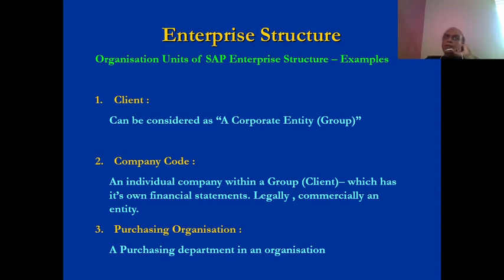The relevance of the purchasing organization in your day-to-day transactions in SAP is that whenever you are buying anything, say when you're creating a purchase order, the system will ask for which purchasing organization you want to buy the goods or services. So in all the purchasing documents, you have to specify a purchasing organization. You have to define it during the implementation in the backend.